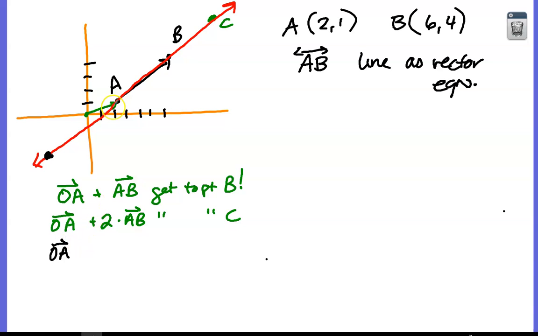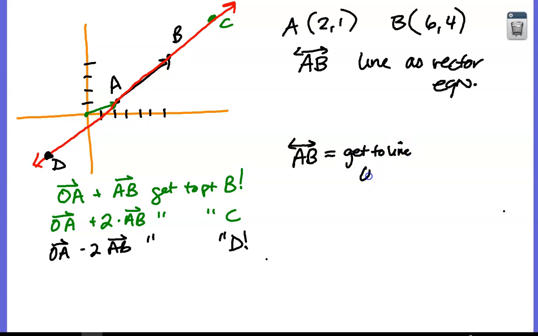Go out to A first to get on the line, and then go twice, but in the opposite direction. So I could go -2. I'll call this D. So I hope what you're seeing here is that once I get out to the line, I can just go various lengths of AB. And that is a vector equation of a line. So if I want the vector equation of line AB, I need to start by getting out to the line.